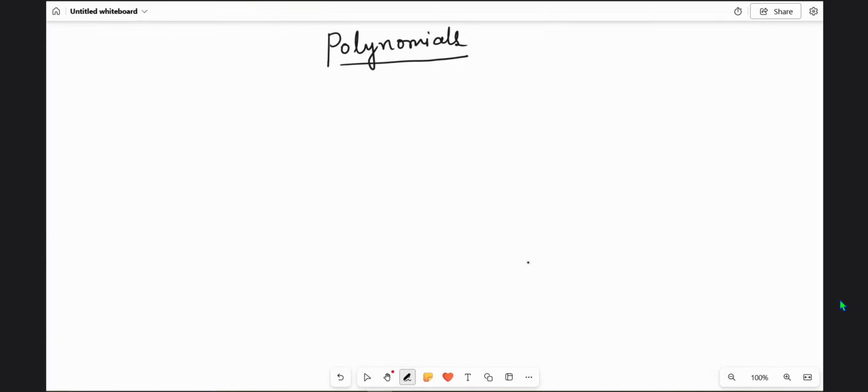Now, consider one equation, y is equal to 2x plus 3. When you plot the graph of y is equal to 2x plus 3, this is the graph we are able to see.